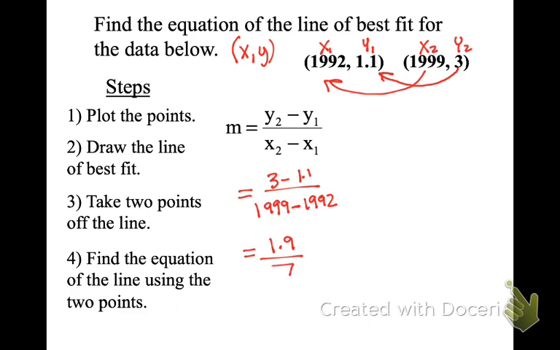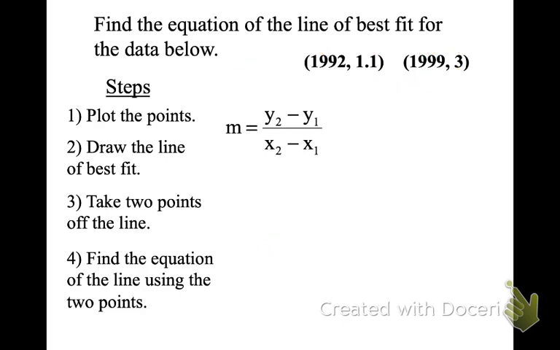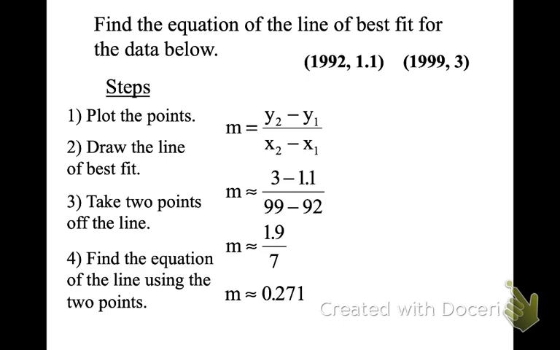Now, we never leave a decimal in the fraction or a fraction in a fraction, so we have to simplify that. 1 and 9/10 divided by 7, and we get about 271 thousandths. I'm going to cut that off. Okay?